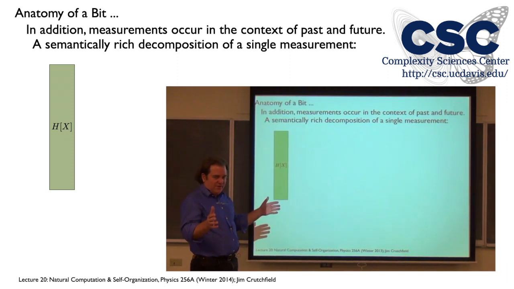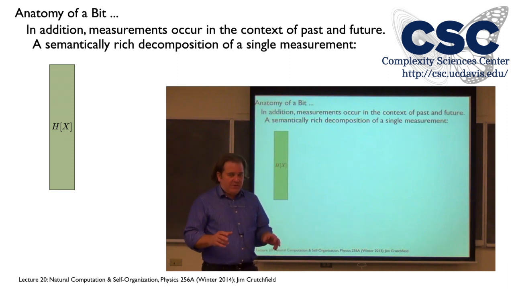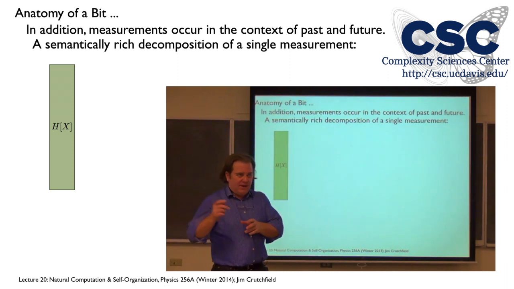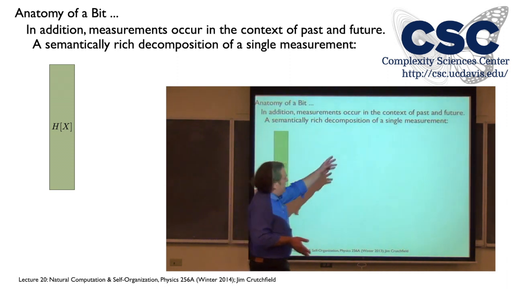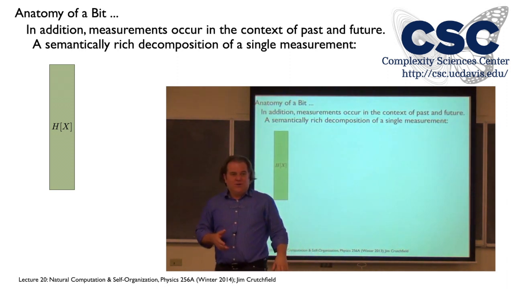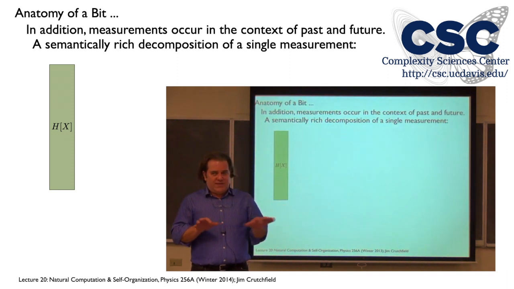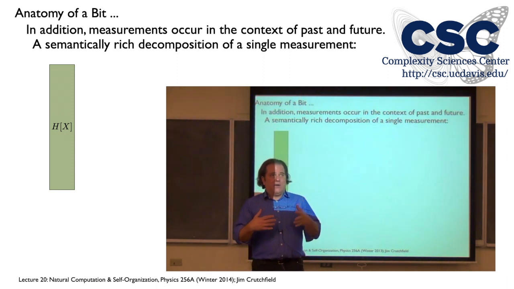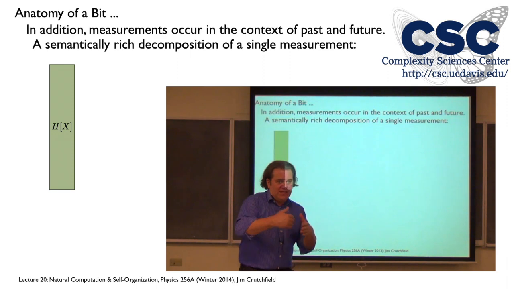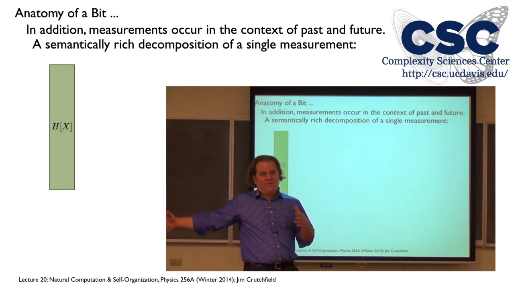Okay, so what we're going to do here, I'll give you a cursory overview first, and then I'll show you how some of the conclusions are derived. What we've been doing is thinking about looking at the past and predicting the next symbol. But measurements also occur in the context of the future. So part of this decomposition is going to ask how much present measurements correlate with the future, not just focusing on how much the present measurement was anticipated by a past that we saw.